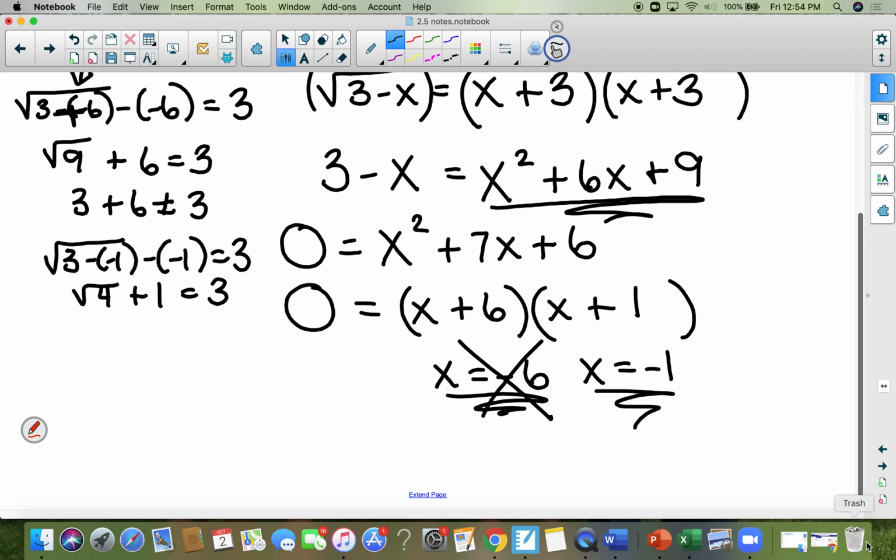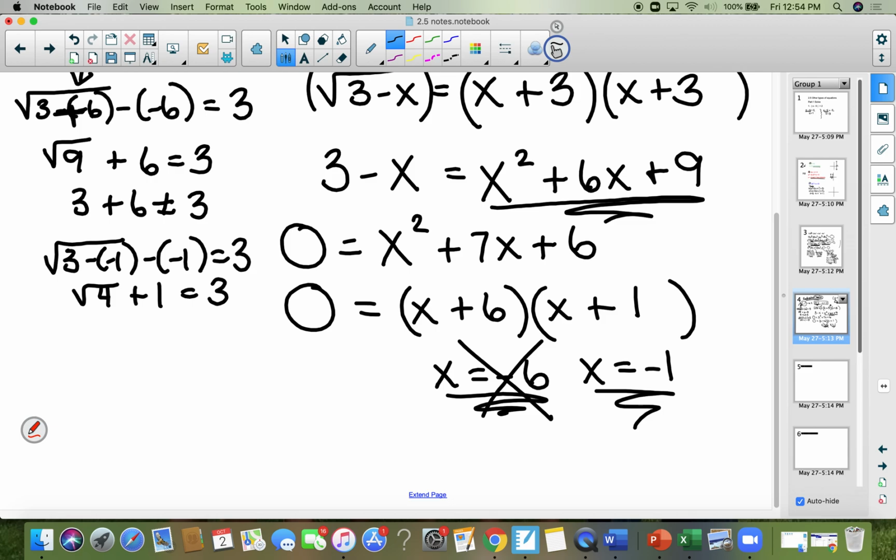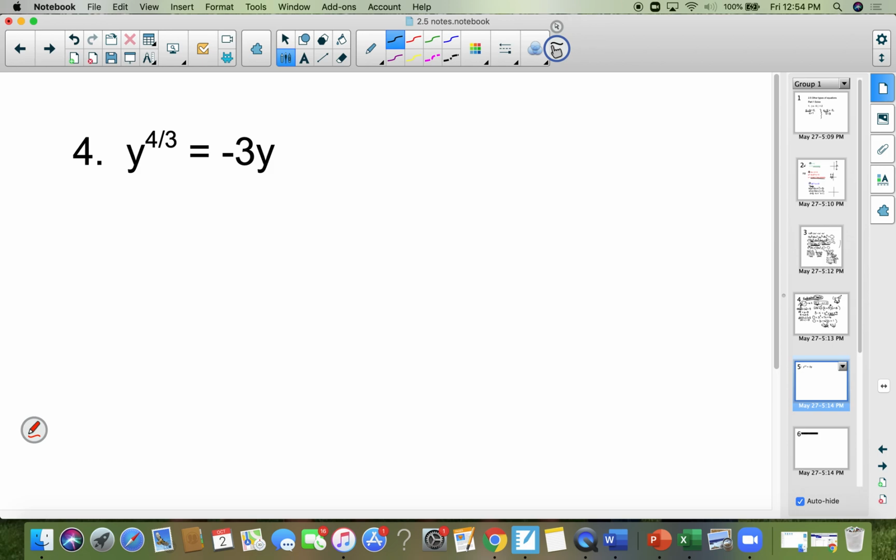Okay, the next one. Y raised to the 4/3 power is equal to a -3y. So you could do this two different ways.